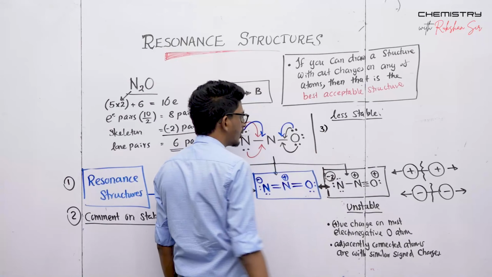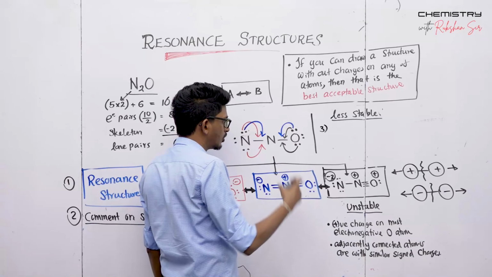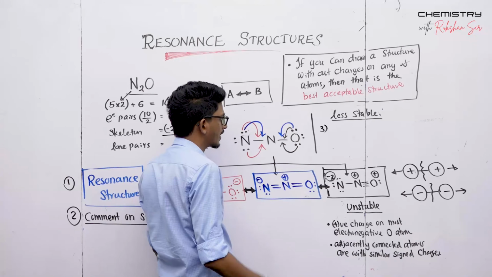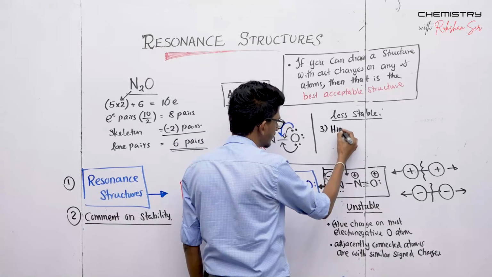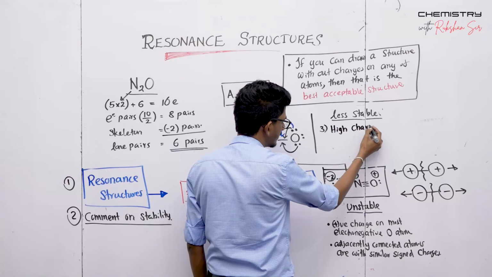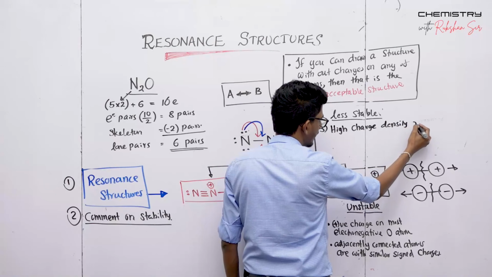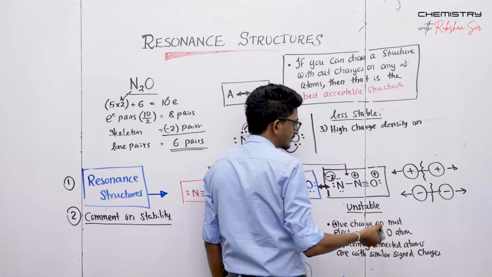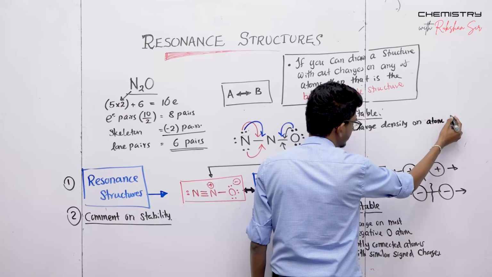The third point is, if you have more than 1 unit of charge on a considered atom, that is referred to as high charge density, on any kind of atom.